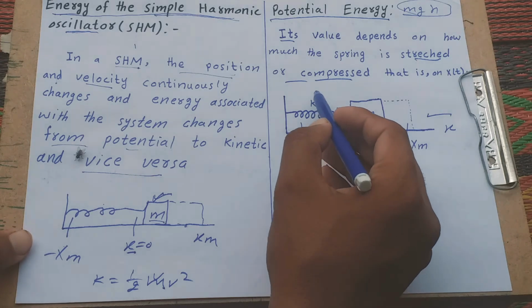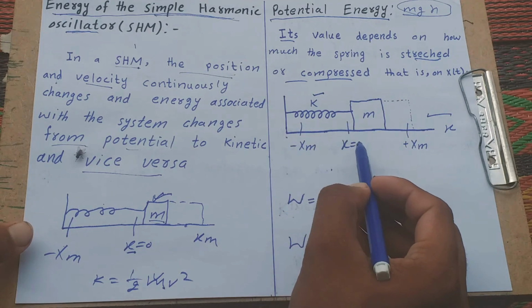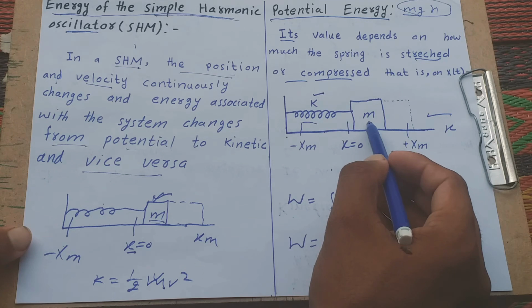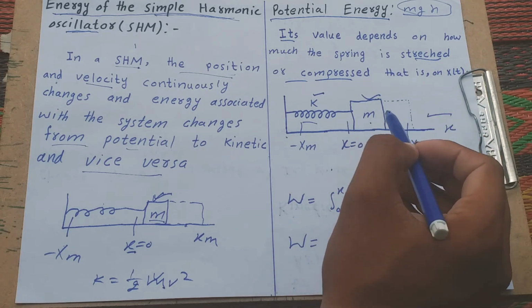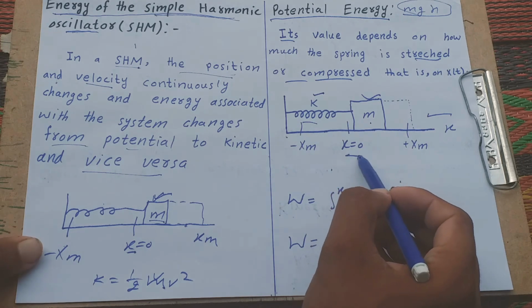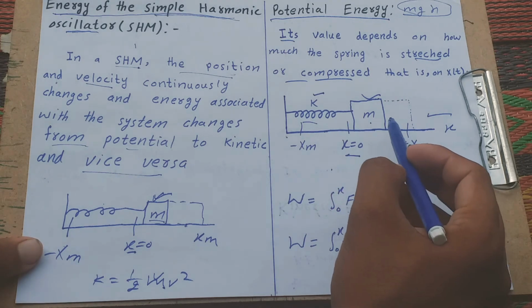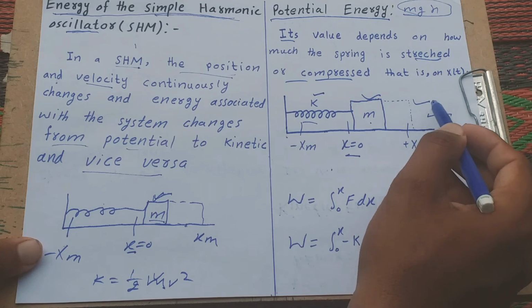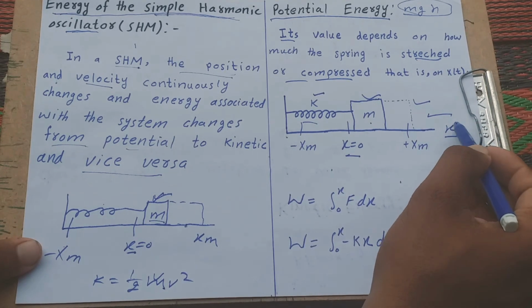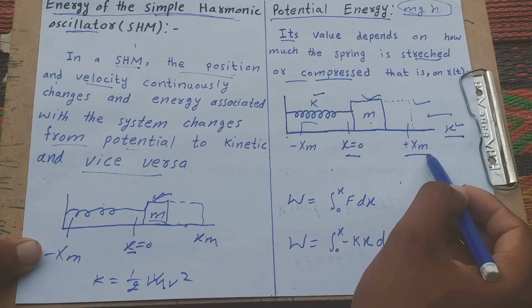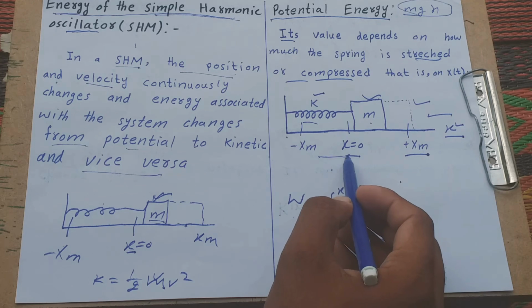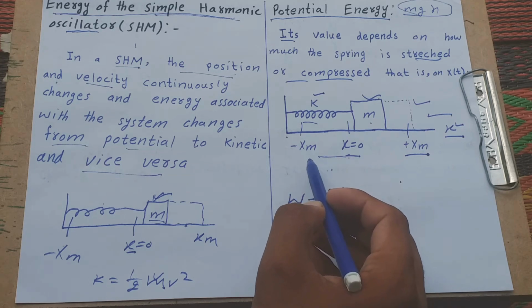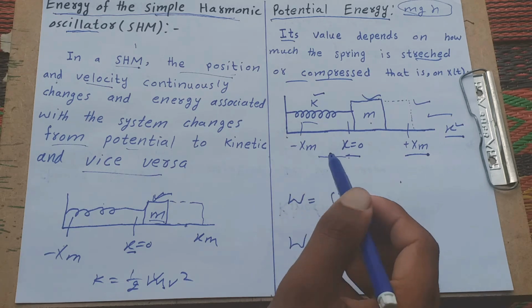Here k is the spring constant, this is the spring, and m is the block mass, and this is the mean position. If we move the block toward x, we observe maximum displacement, and if we go backward from the mean position, we observe negative displacement.